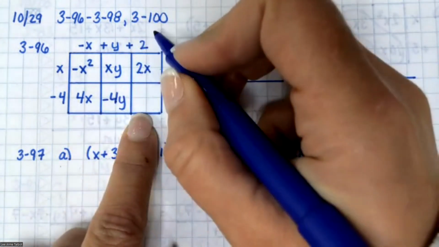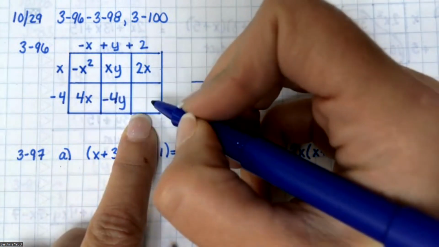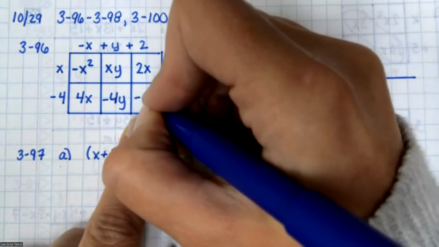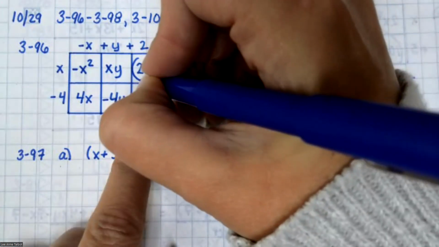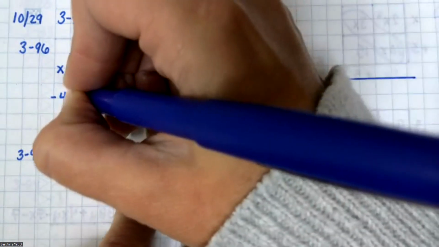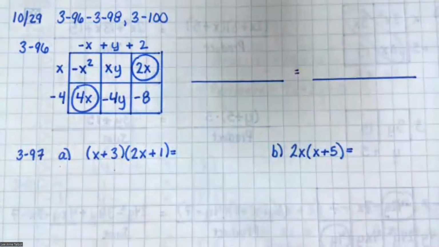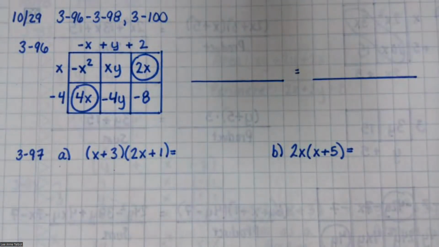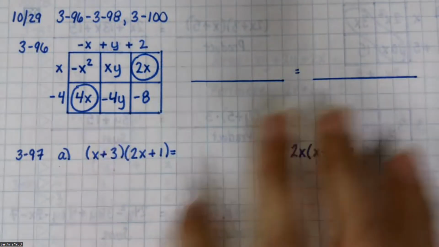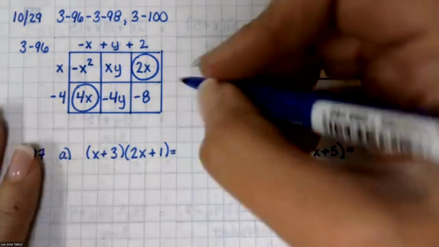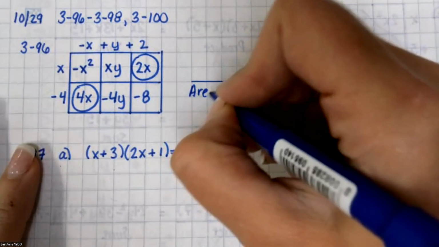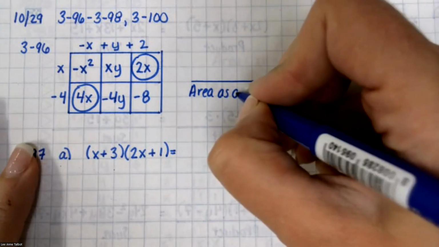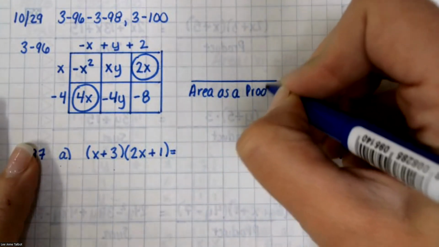And then positive 2 times negative 8, negative 8. Okay, and then I'm going to come back in and circle this and this because those are like terms. Okay, now how do I do this part? The first line is the area as a product.